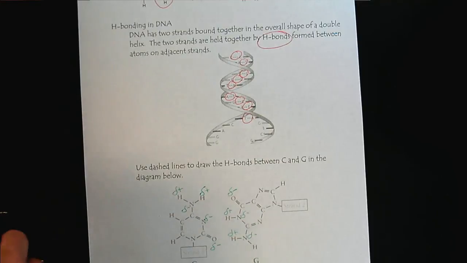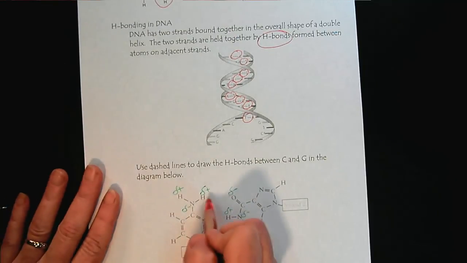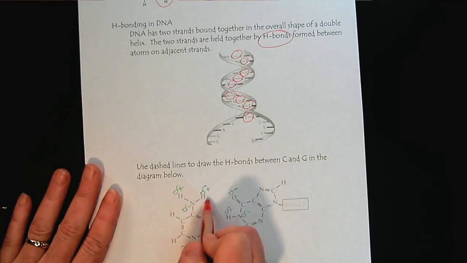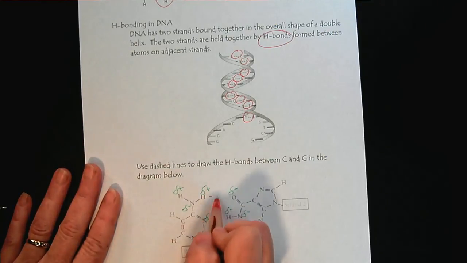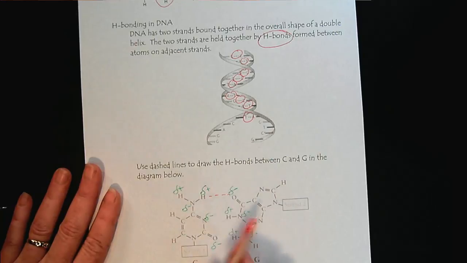So here are the H bonds. This hydrogen with its strong partial positive is going to be attracted to the oxygen with its strong partial negative. And then the same thing happens here and here.